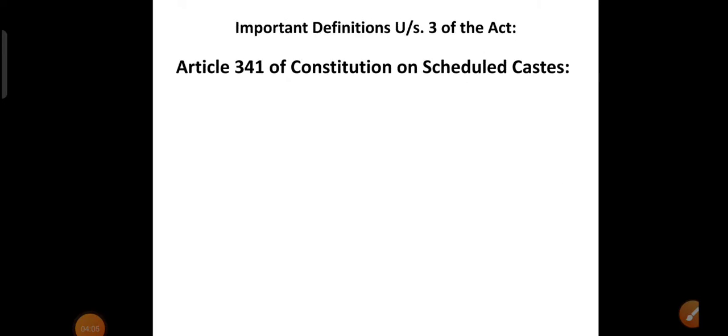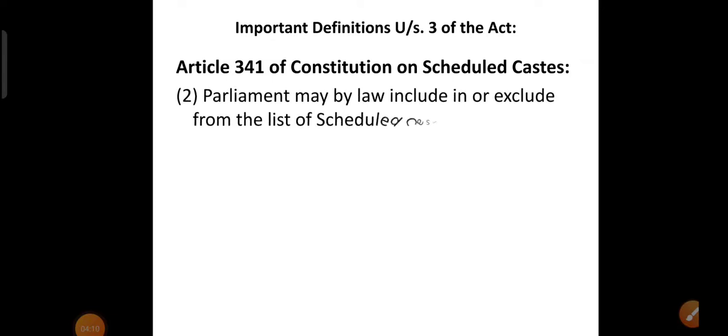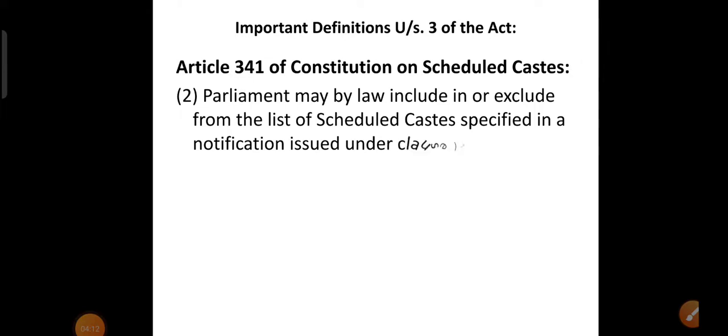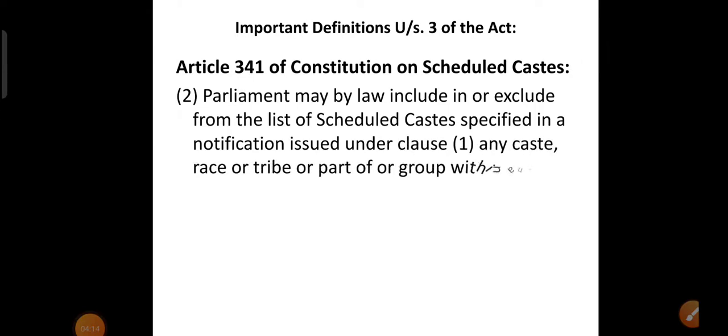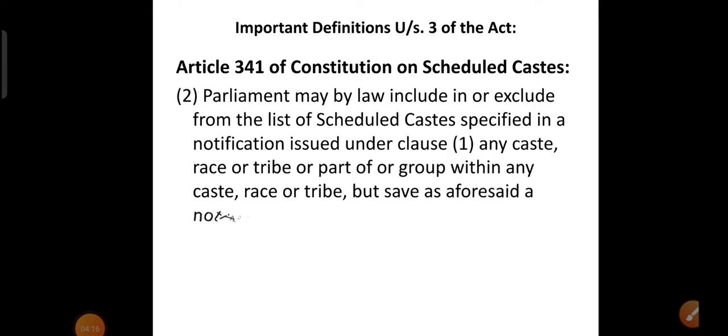And further, after this notification by the president's office, we have clause 2. It says the list of notifications of scheduled castes will be taken to the parliament.